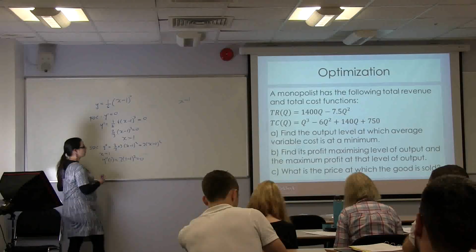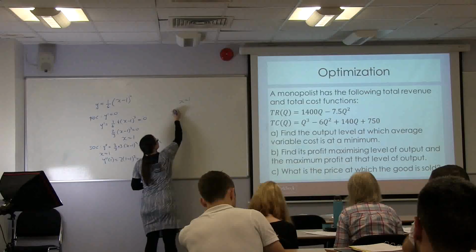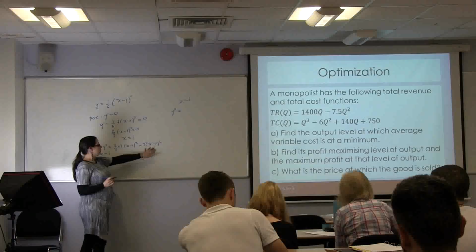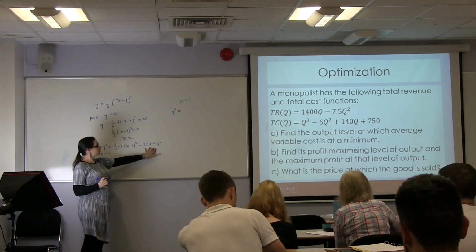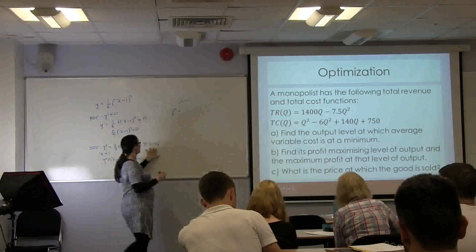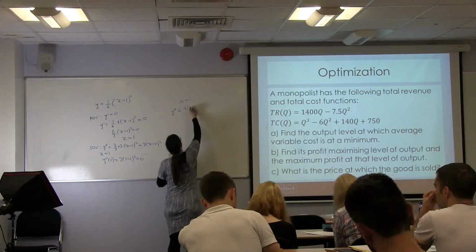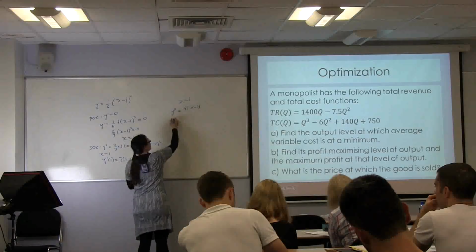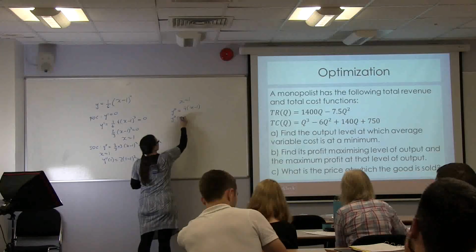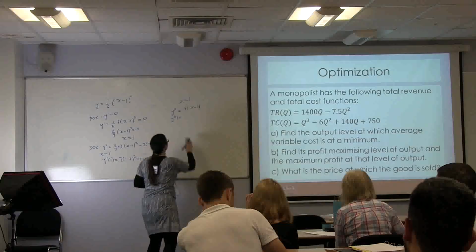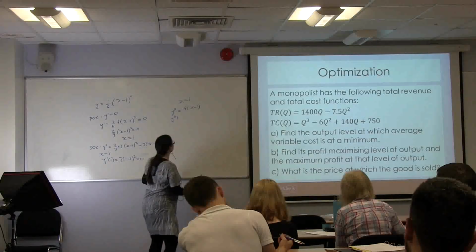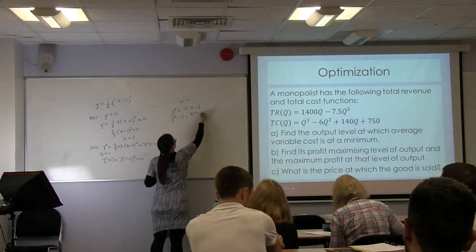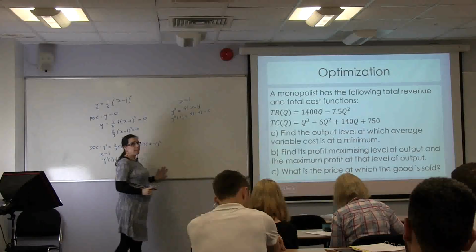I need to go for the third order derivative. The third order derivative is 4 times (x minus 1). And if I look at the value of this at x equals 1, that is 0 again.